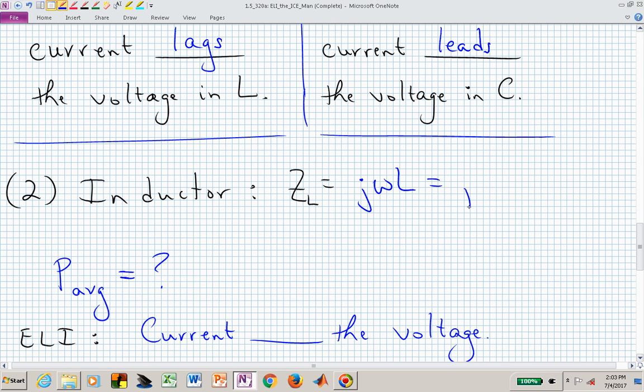And sometimes we then will write that in terms of reactance, and we'll say j X sub L, so the reactance X sub L will be omega L.